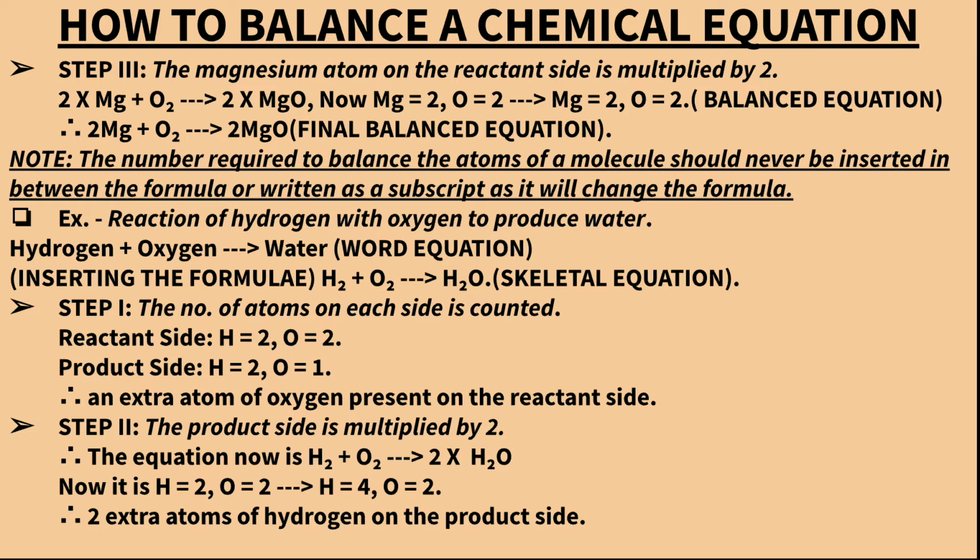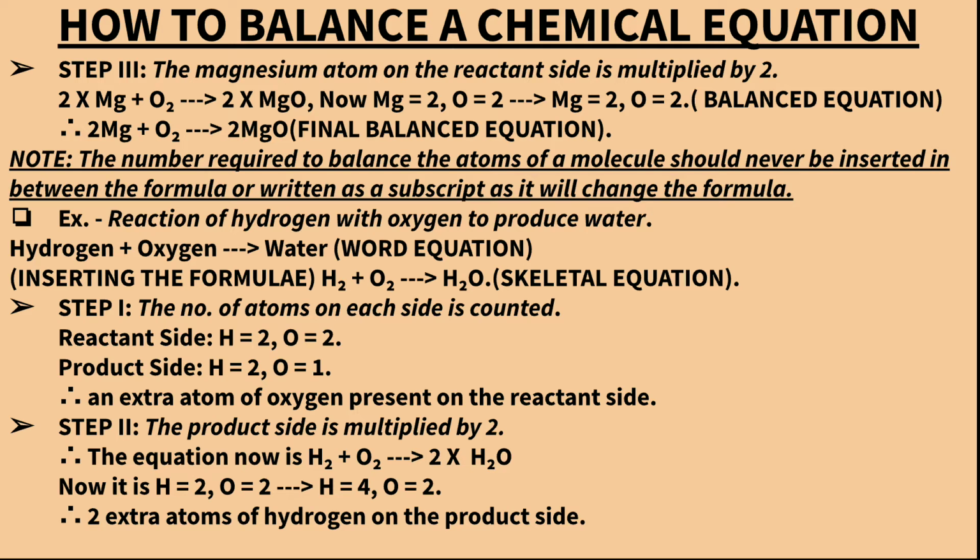So to balance the equation, we will never write this 2 on the product side as a subscript, or in between the H2 or O. For this we will work in step 2. According to step 2, the product side will be multiplied by 2.